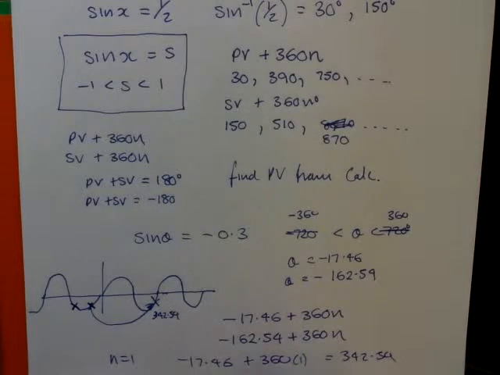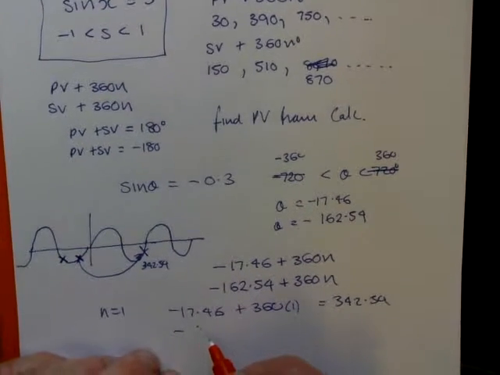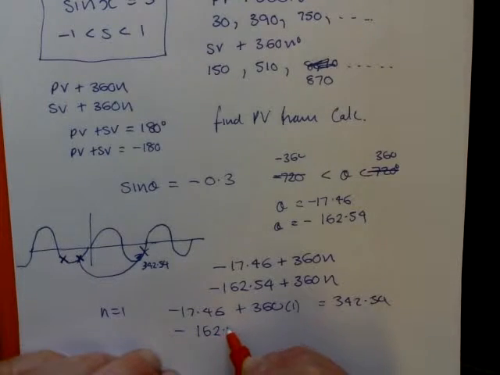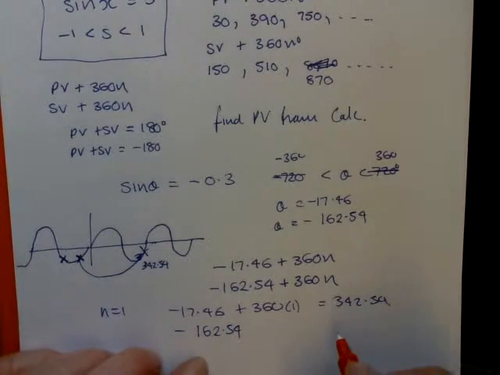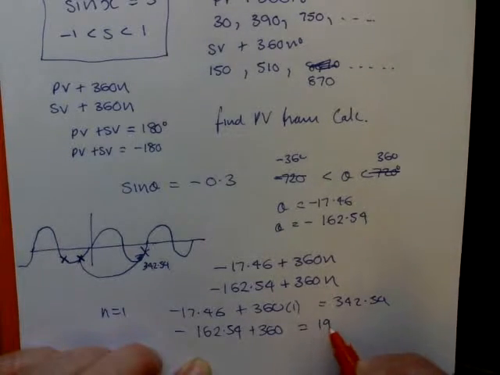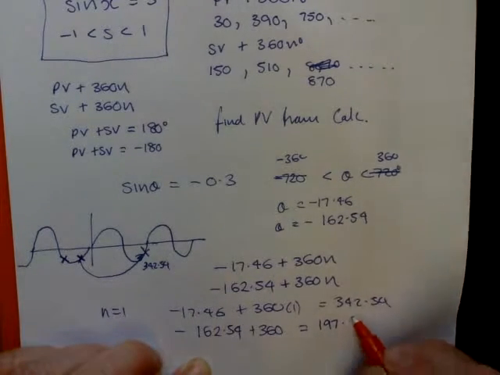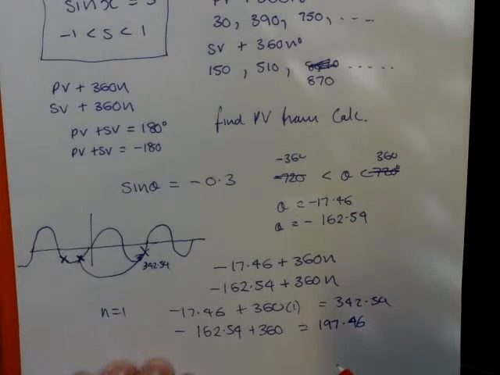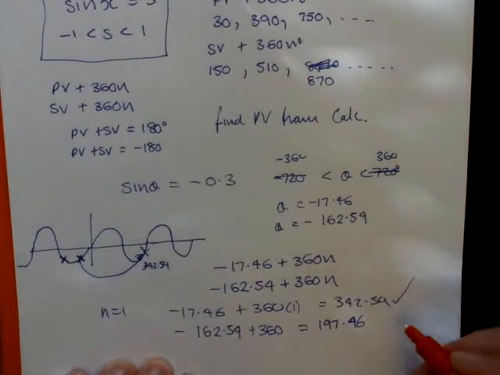So we've got minus 162.54 plus 360 equals 197.46.